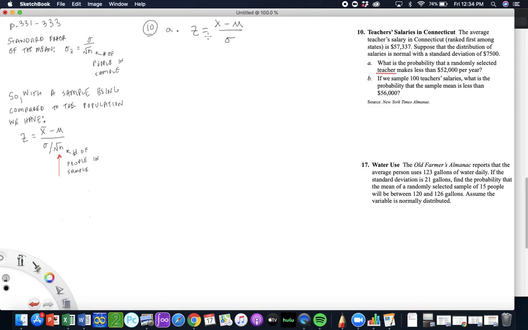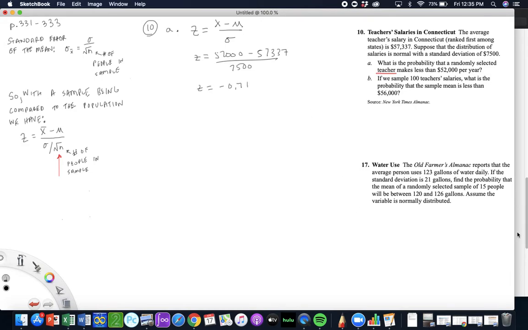And so we have z equals 52,000, I'm looking off my notes here, 52,000 minus 57,337 over the population standard deviation, which is 7,500. So that means the z-score equals negative 0.71.